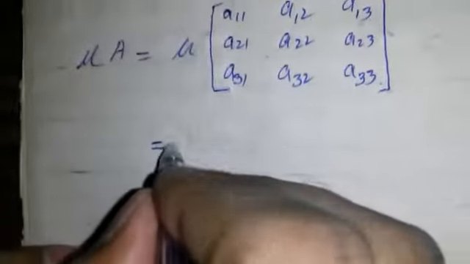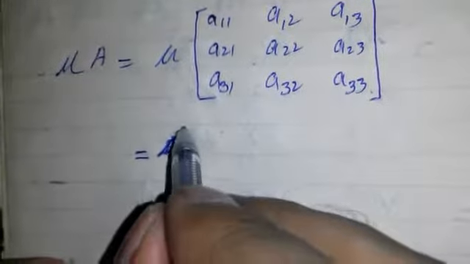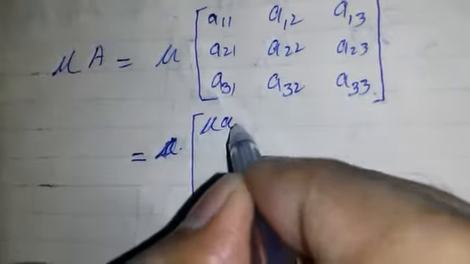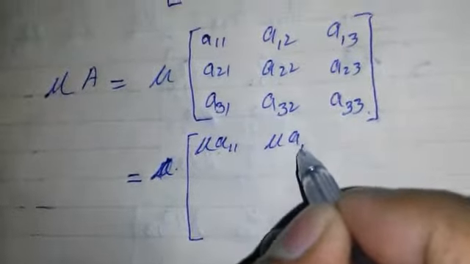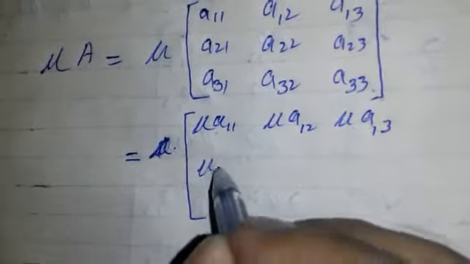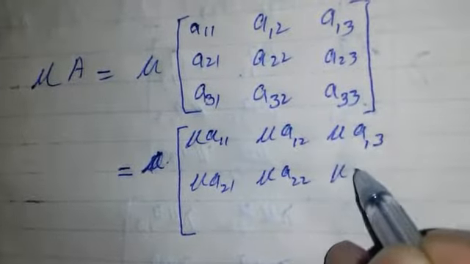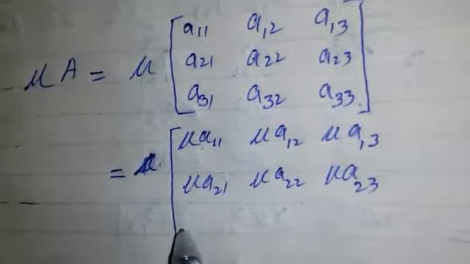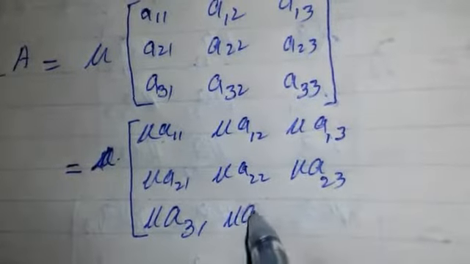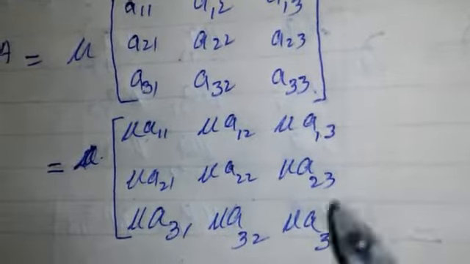So this is equal to mu A11, mu A12, mu A13, mu A21, mu A22, mu A23, mu A31, mu A32 and mu A33.